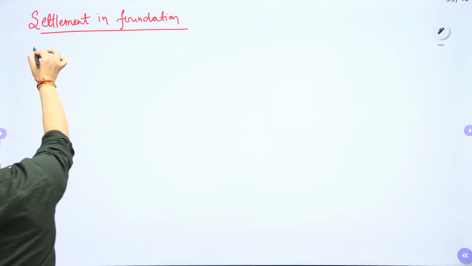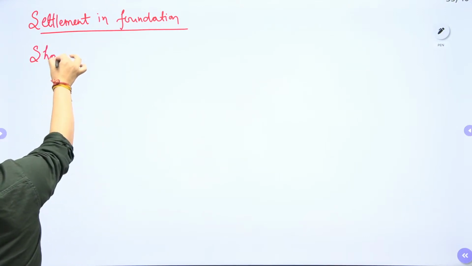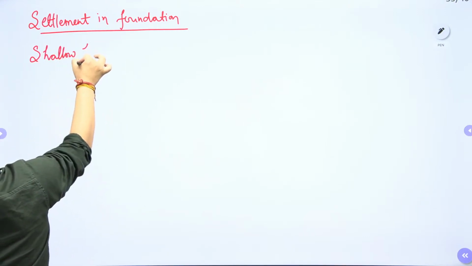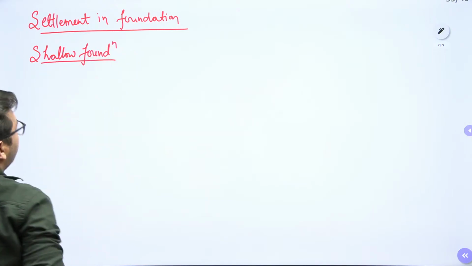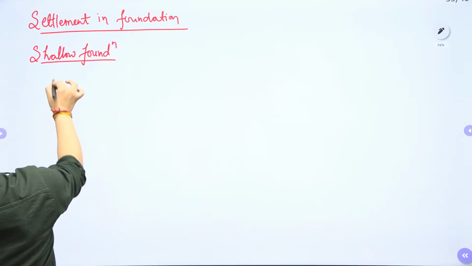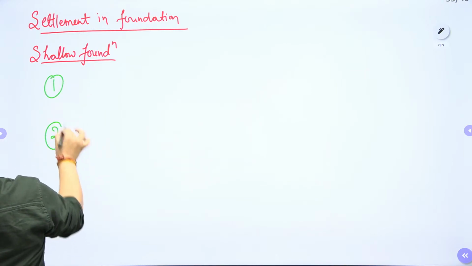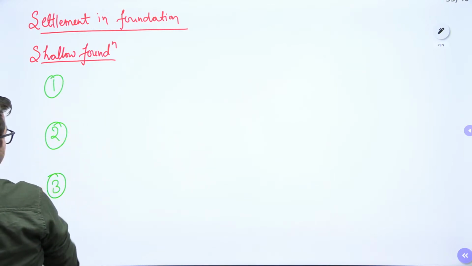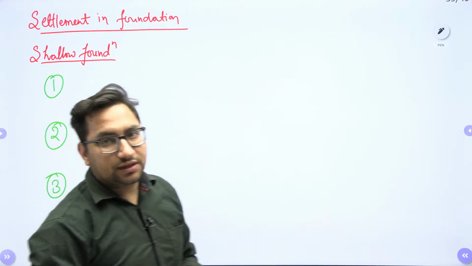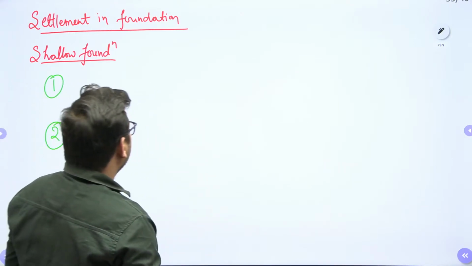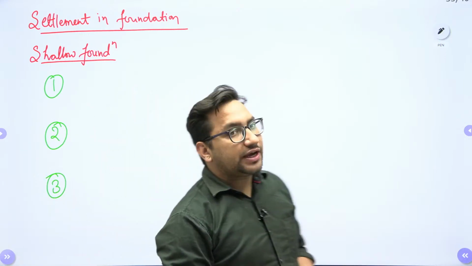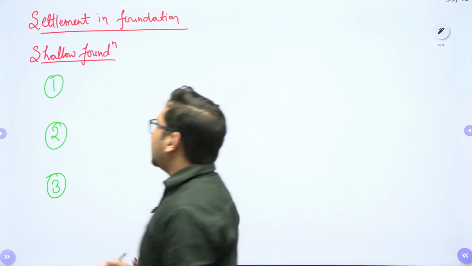If I talk about shallow foundation, we know that in shallow foundation there are only 3 formulas for the calculation of settlement, and these formulas are also correlated, right? So whenever data corresponding to a different formula is given to you, you can use any of the formulas.